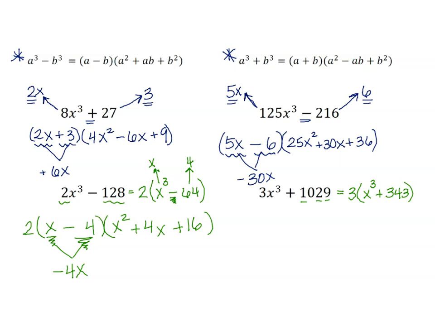So what number raised to the third power is going to equal 343? Well, we've already seen that, let me go back. We've already seen that 3 cubed is 27, 2 cubed is 8.